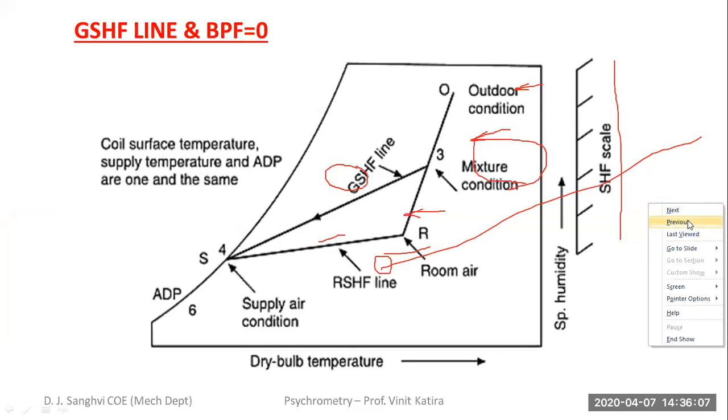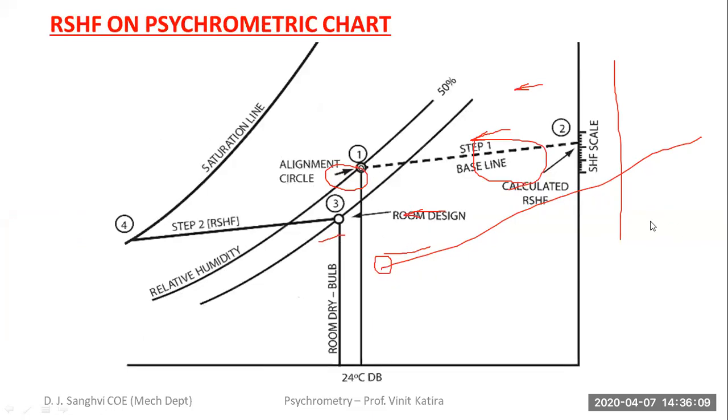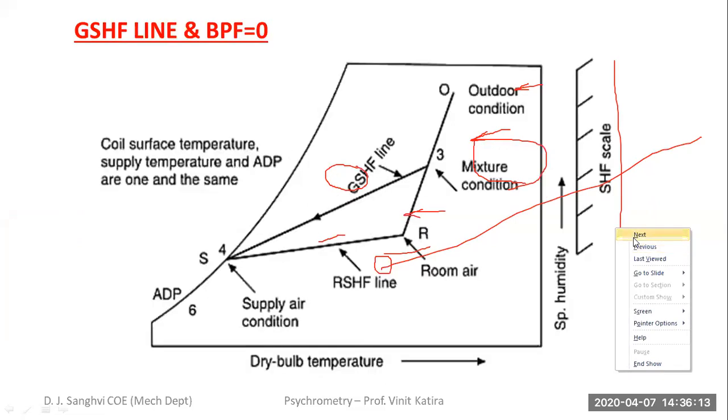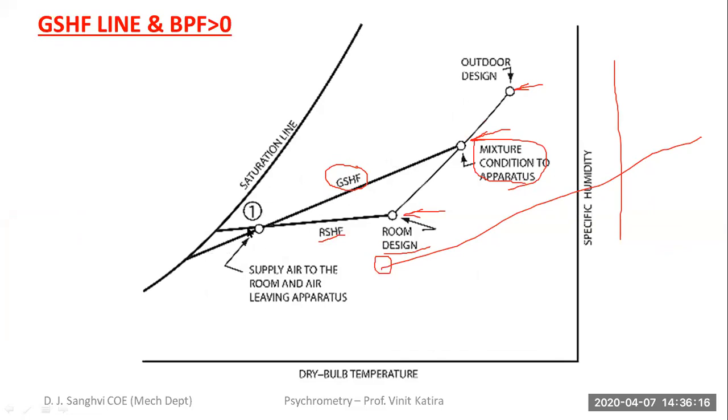I will apply a different methodology that I'll explain when we solve that type of numerical. Basically it involves a trial and error method wherein there's going to be one set of values for this point and one set of values for this point, which is going to satisfy the bypass factor formula.